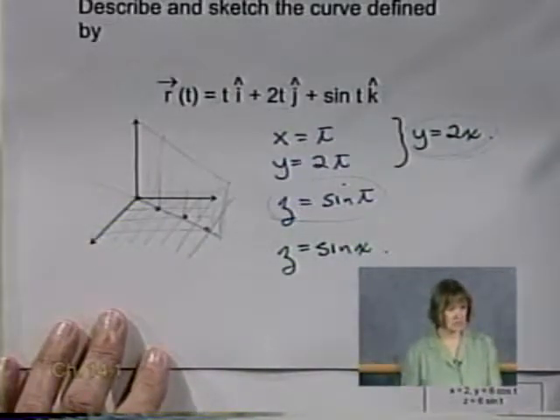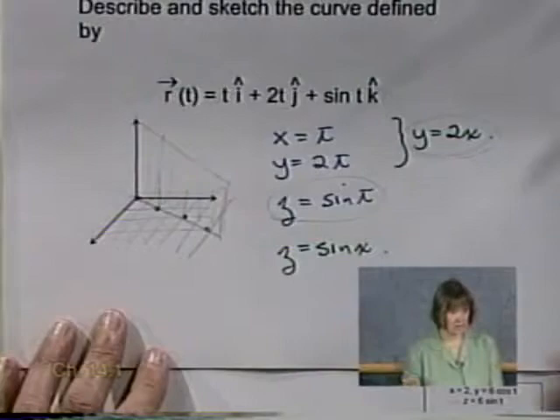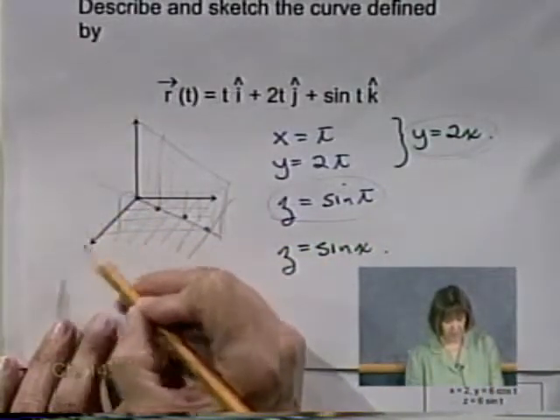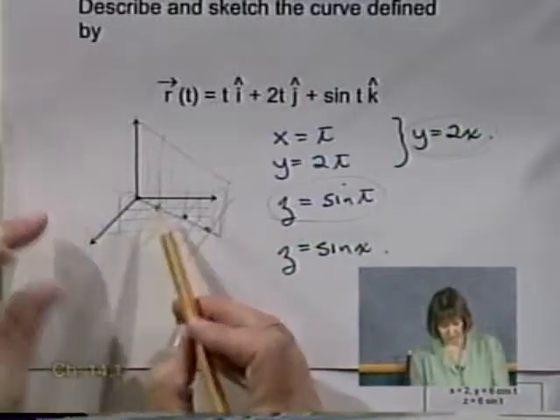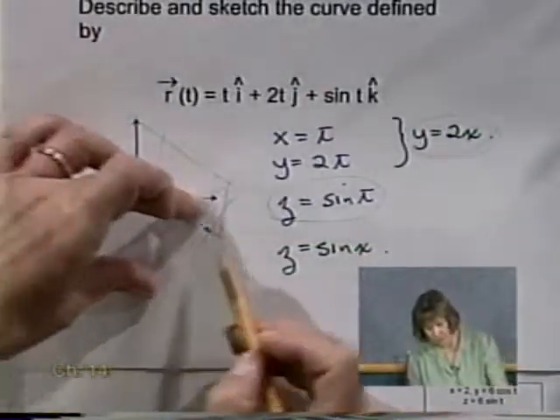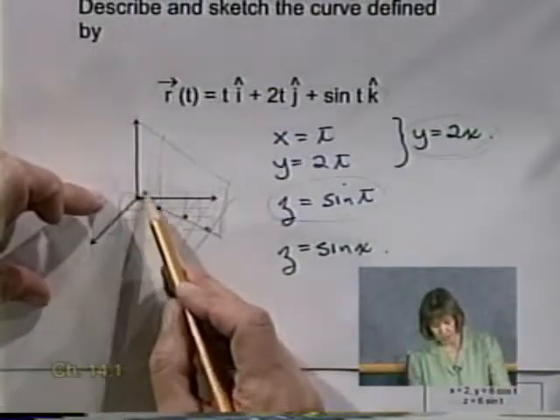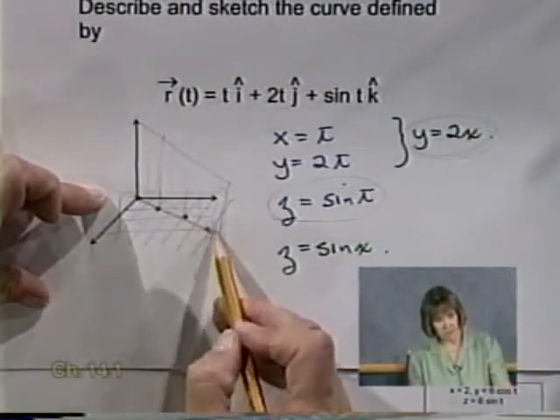Well, what does z equals sine x look like? It's a sine function, right? It's going to be going up and down and up and down and up. So what happens is, if I drag this along here, as you can see, your heights are going to be going up and down and up and down and up.